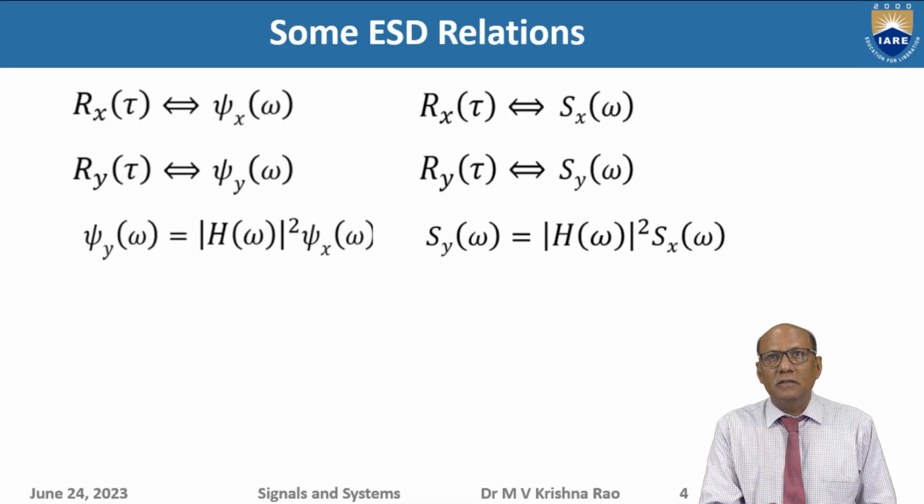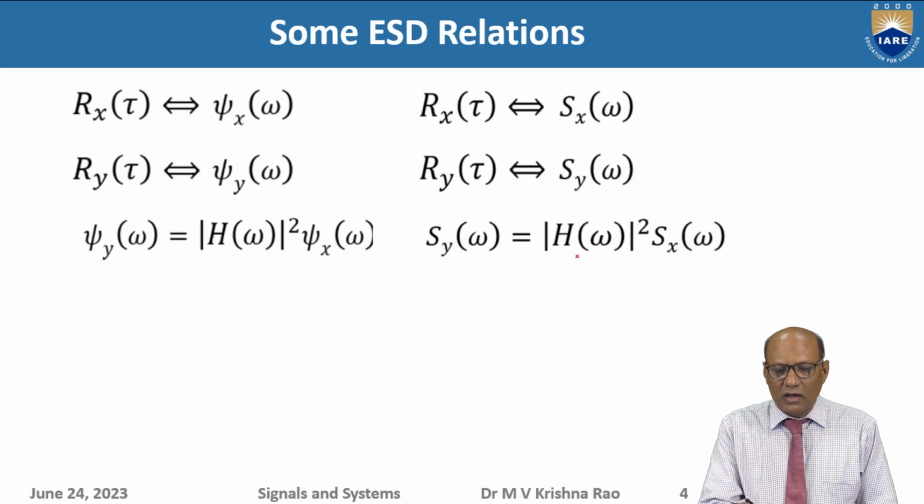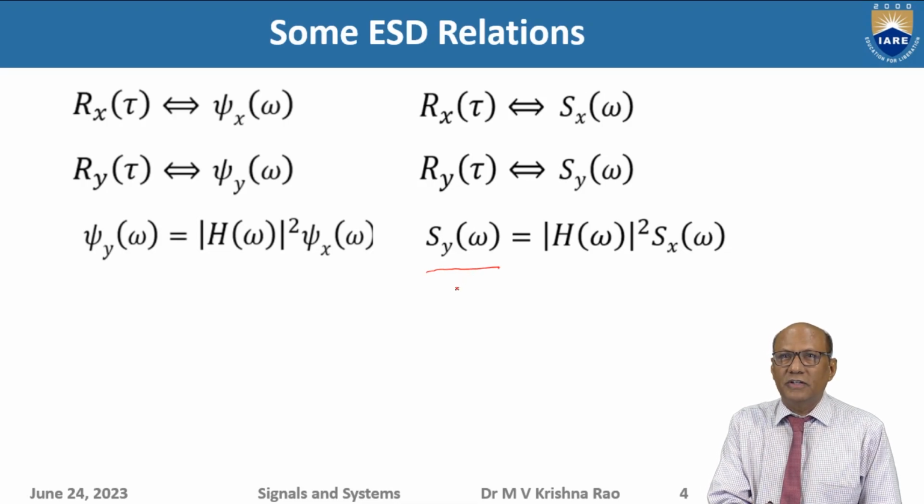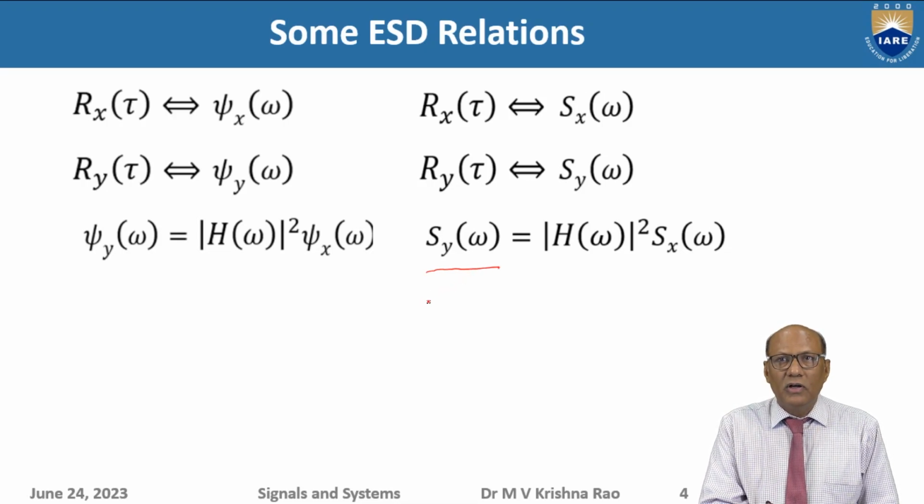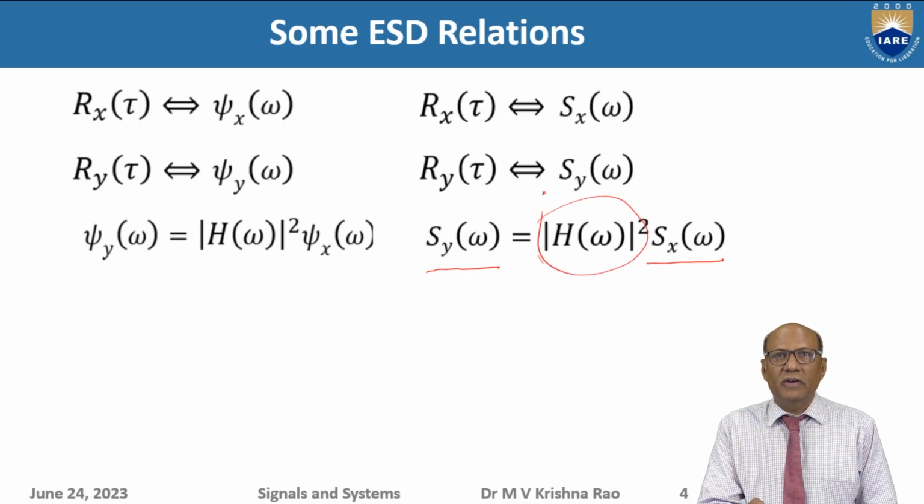And the power spectral density relations are like this: SY, that is power spectral density, PSD, of output is equal to the input power spectral density weighed by this function, that is square of the magnitude response of the filter.